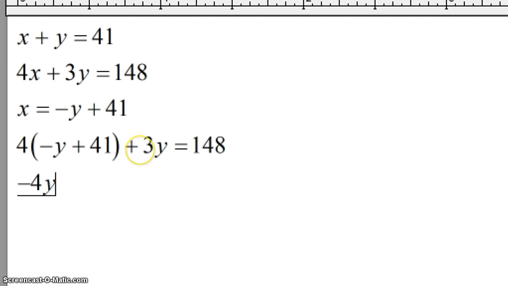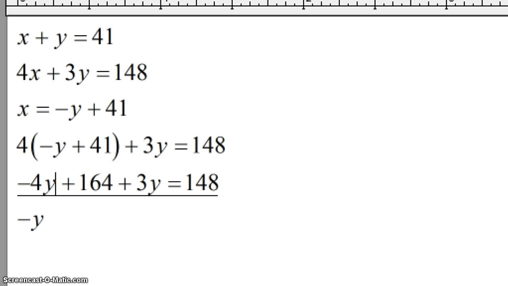We get negative 4y plus 164 plus 3y equals 148. Then that's negative y, because negative 4y plus 3y is negative y.